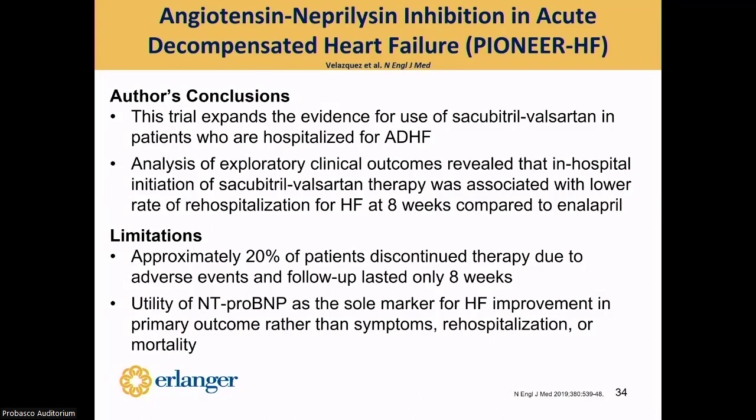Some limitations of this study: approximately 20% of the patients discontinued therapy due to adverse events, and the follow-up only lasted 8 weeks. And then the utility of NT-proBNP as your sole marker for heart failure improvement as a primary outcome, I think, is less significant as compared to symptoms, rehospitalization, or mortality.